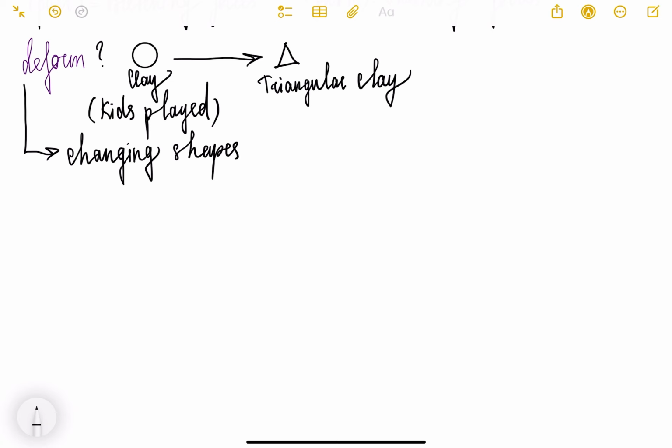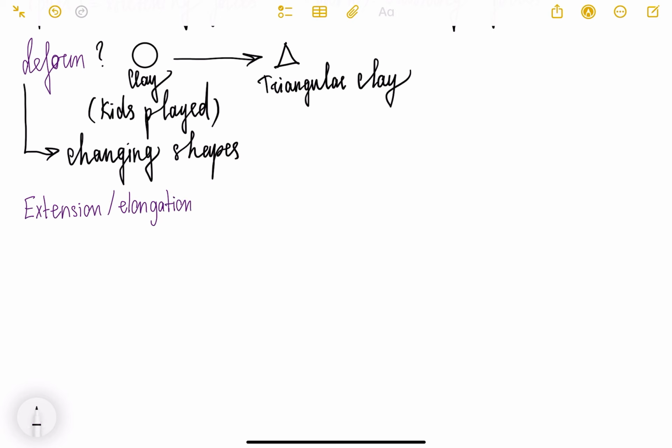Also, when a material is subjected to tension, its length will increase by a certain amount, which is called extension or elongation. Extension or elongation. They both have the same meaning, right?